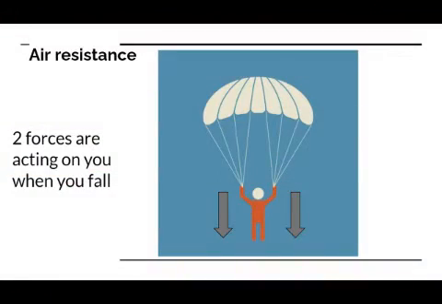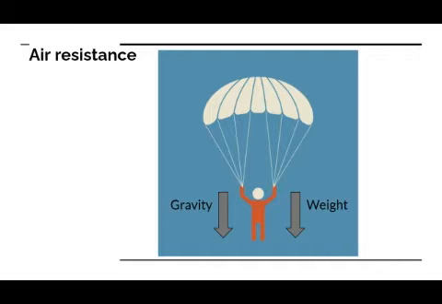Now let's imagine this particular situation. You're a paratrooper and you just jumped out of a plane. You're free falling from the sky. Did you know that there are two forces acting on you when you fall? What do you think these two forces are? The first force is gravity, and the second force is your own weight.